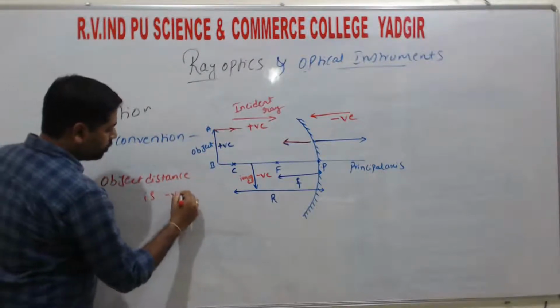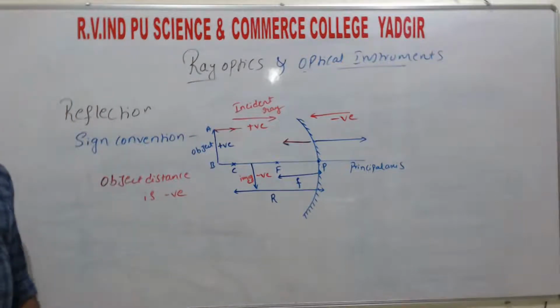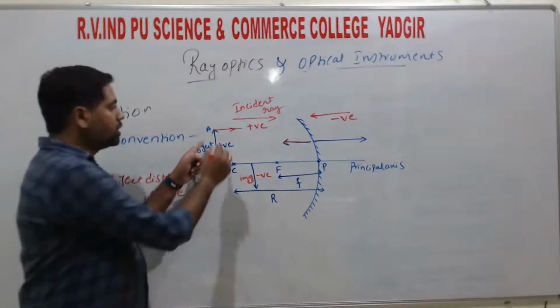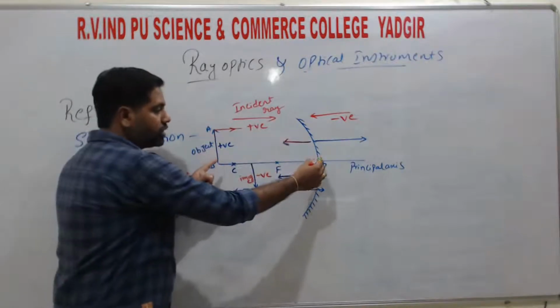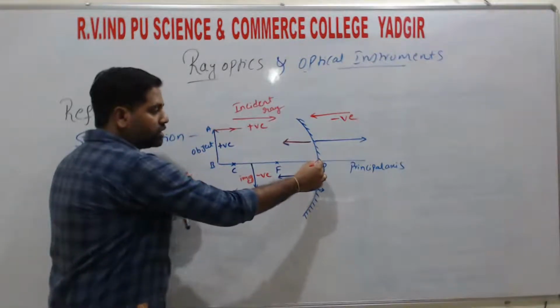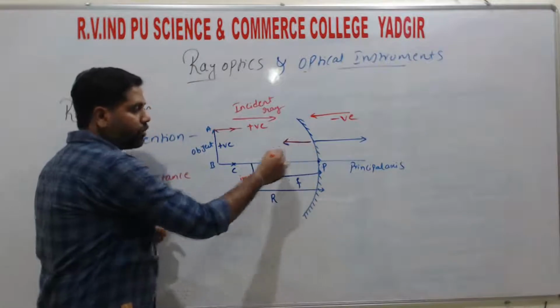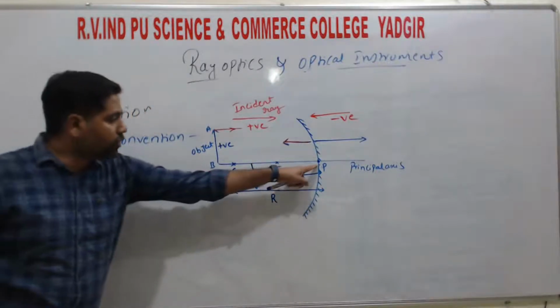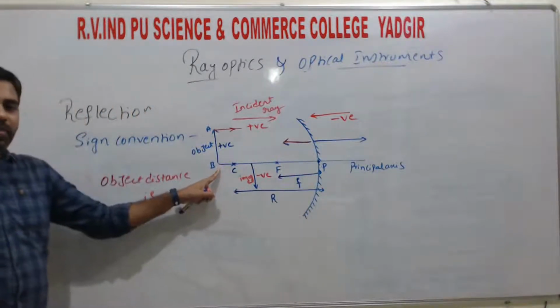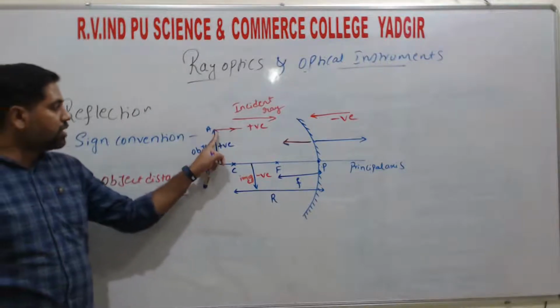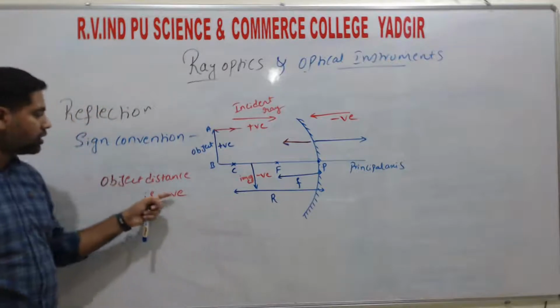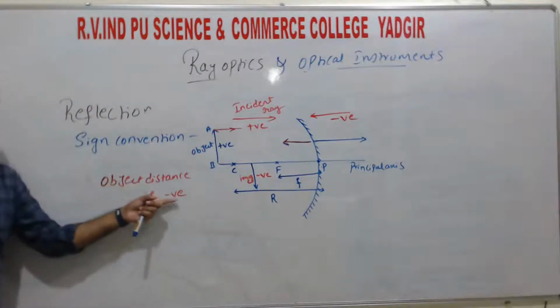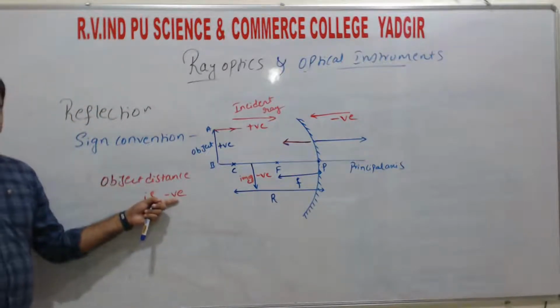So we have taken the object distance as negative because the direction of the incident ray is from left to right, but from the first rule we need to measure the distance from the pole, that is from right to left, right? So from here to here we are going to measure the distance, but the incident ray is from left to right, so for that reason the object distance should be negative, right?